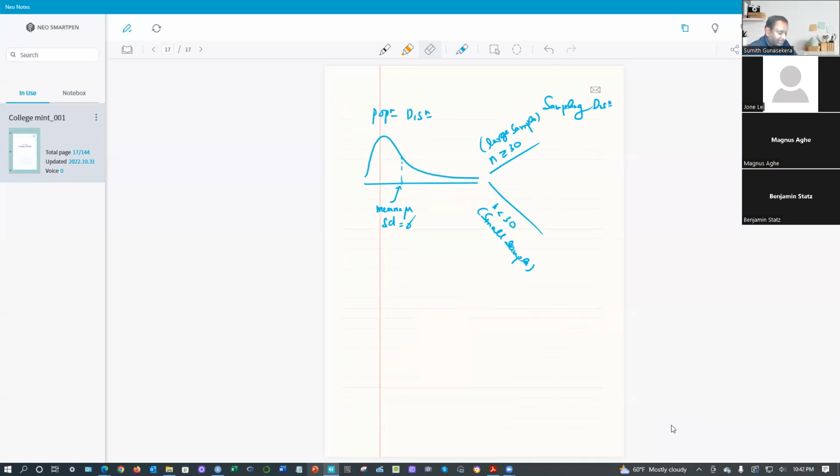Regardless of the shape, if you are using a large sample, y bar is bell-shaped, symmetric. The mean is mu of y bar, which is mu, and the standard deviation is sigma of y bar, which is sigma over square root n.